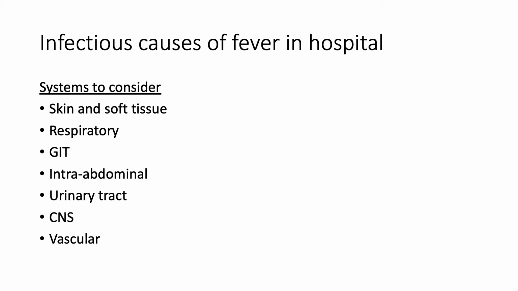The gastrointestinal system, and that's heralded by the presence of diarrhea. Intra-abdominal, which is separate to the gastrointestinal in the way that I think about this, where we think about collections. A very important system is the urinary tract, and clearly having a urinary catheter is an important risk. Central nervous system and vascular, so endocarditis, are much less important and are affected in very specific situations.